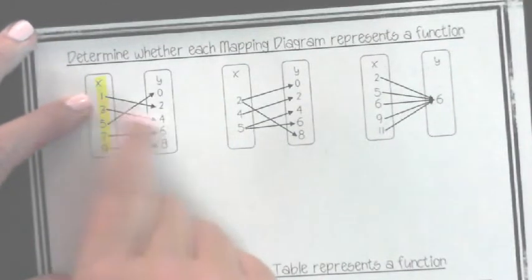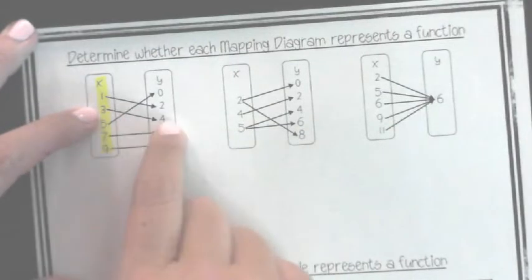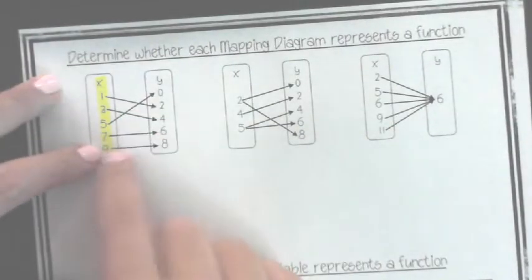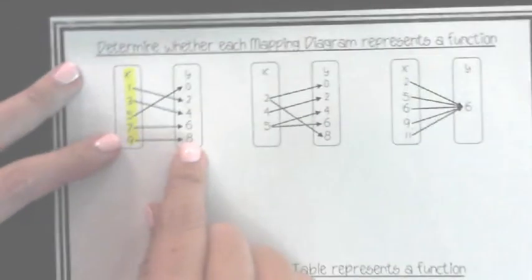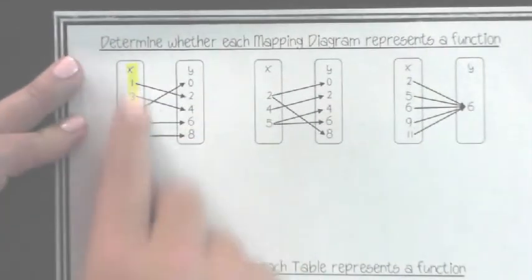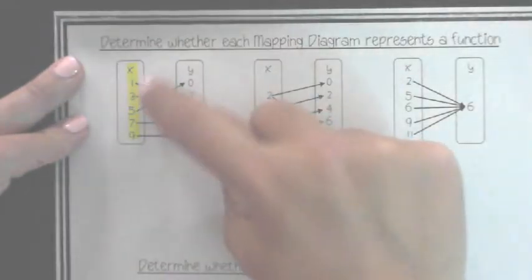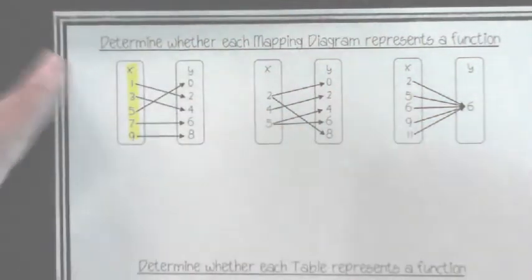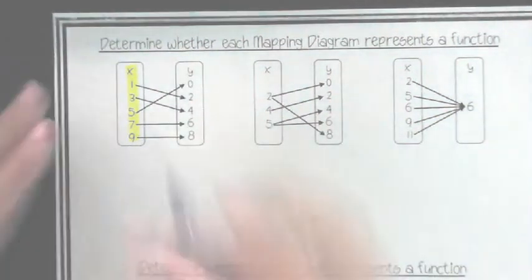Like 1 is being paired with 2, 3 is being paired with 4, 5 is being paired with 0, 7 with 6, and 9 with 8. All I care about is that these x values are different, they're not repeating, and that there's only one line coming from each x value. When that happens, like this, that means it is a function.